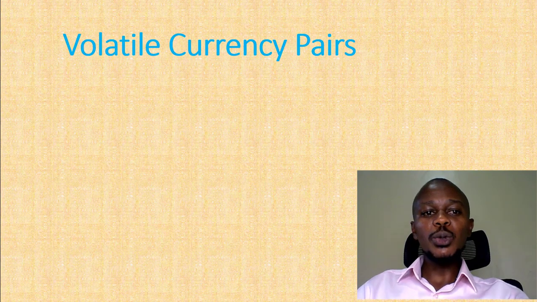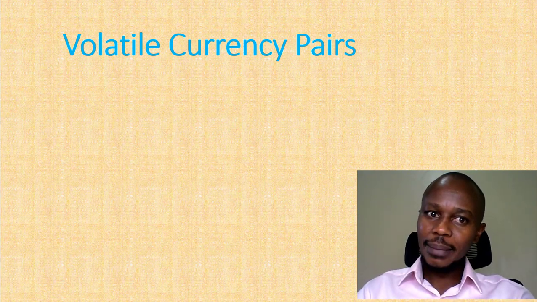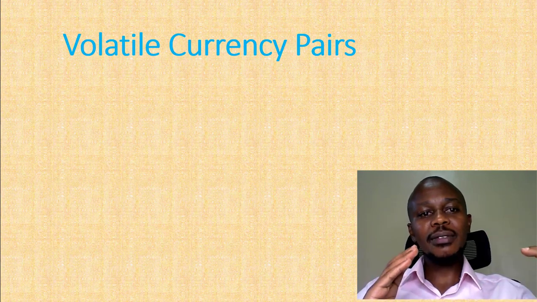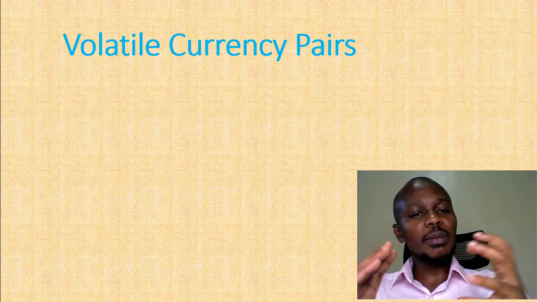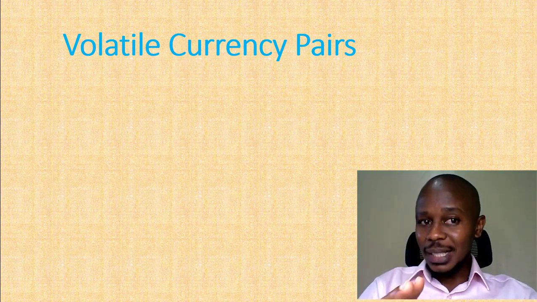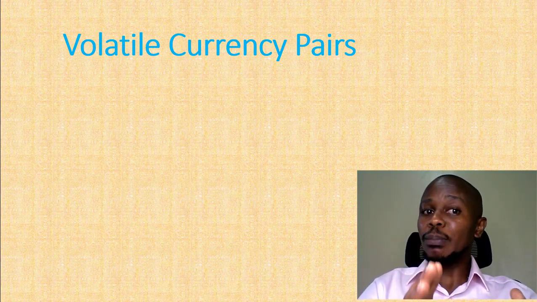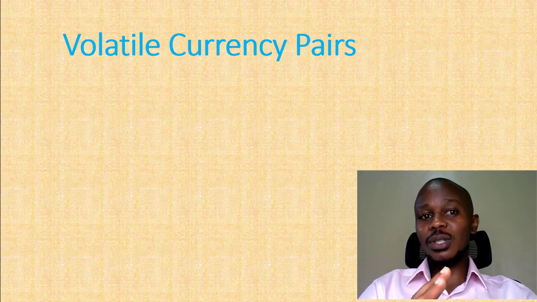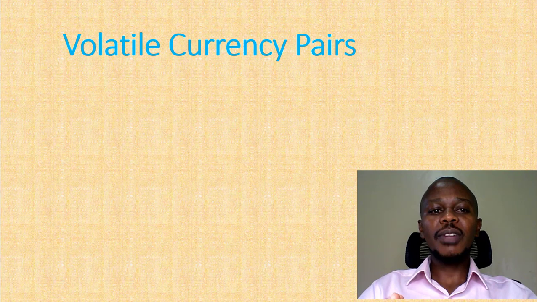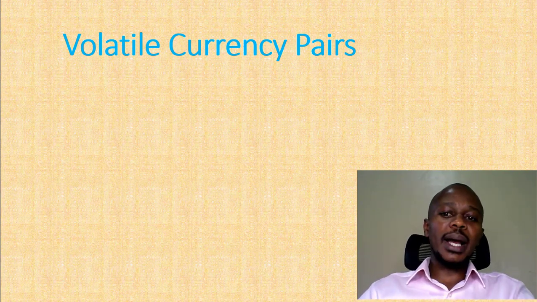And that's where you need to know what these pairs are and what strategies you're supposed to employ so that you don't find yourself, as much as you're benefiting from the price movement, also losing greatly. And in the end, most people end up losing greatly because they don't use the right strategies for these pairs. But first, let's look at what they are.